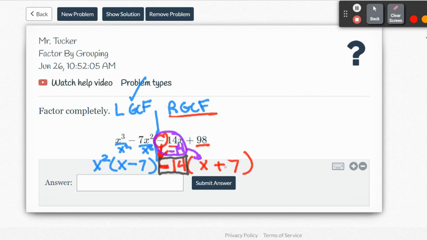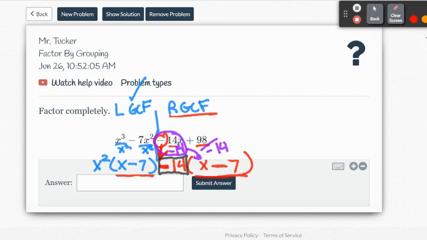The issue is this positive 7 would have been wrong. I need to take this 98 and divide it by negative 14, and that should give me a negative 7. Making sure these have the same binomial matters, because had I had a plus sign there, I would have been stuck, since these binomials must match for factoring by grouping to actually work.